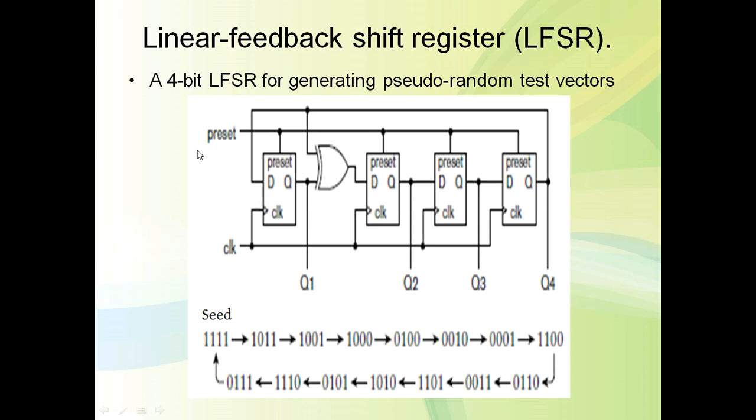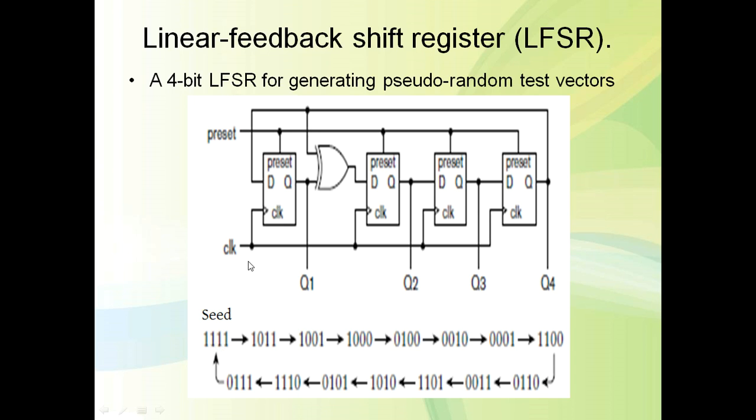It has a preset input. To set the starting point, we apply preset equal to 1, so that all flip flops are preset to 1 1 1 1. This is called the seed.